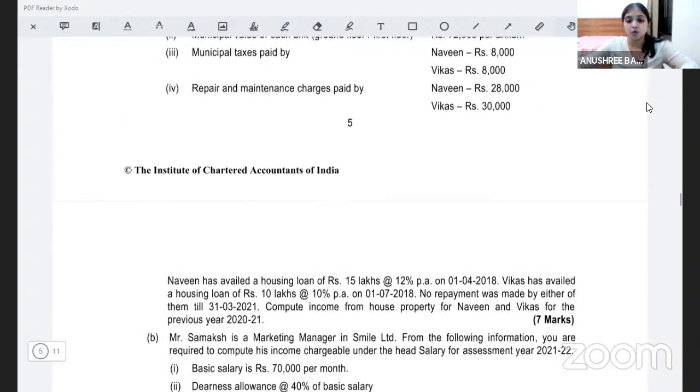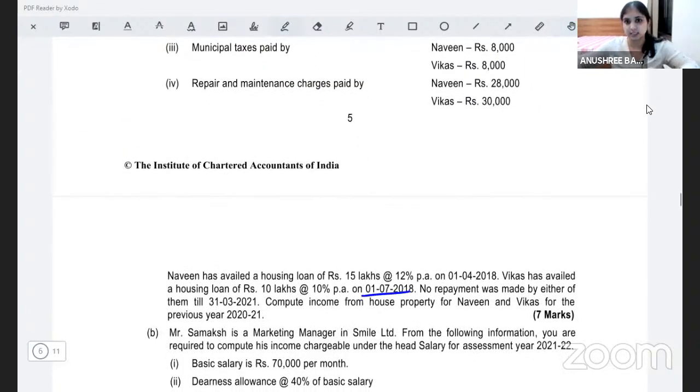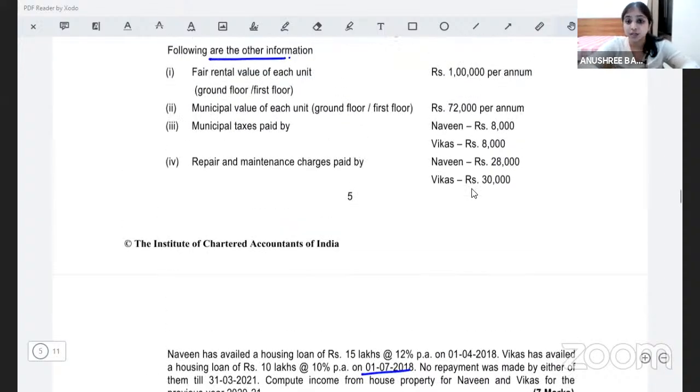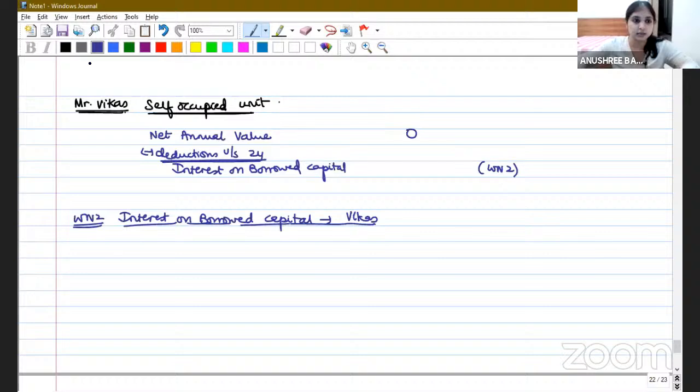He borrowed a loan on 1st July 2018 and he completed the construction only in 2020. So here again, he will have pre-construction interest. Under this write down point A, pre-construction interest. The same 6 steps we will follow, guys. What is step 1?